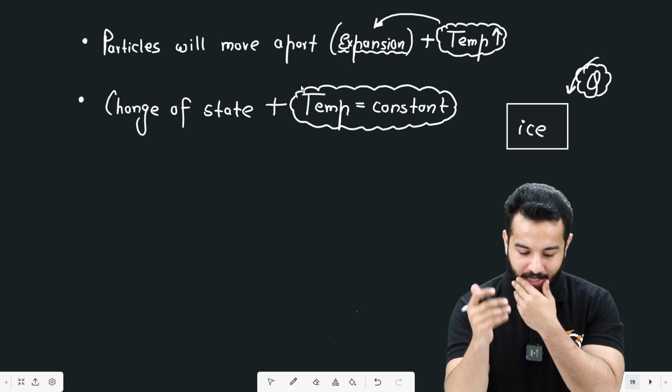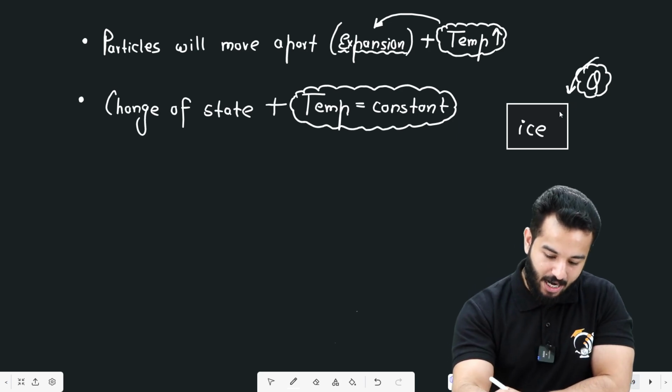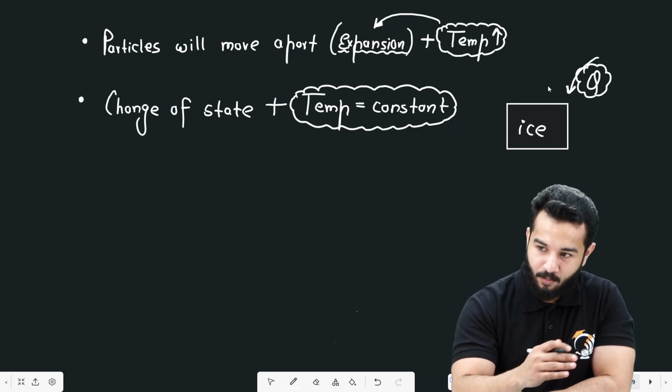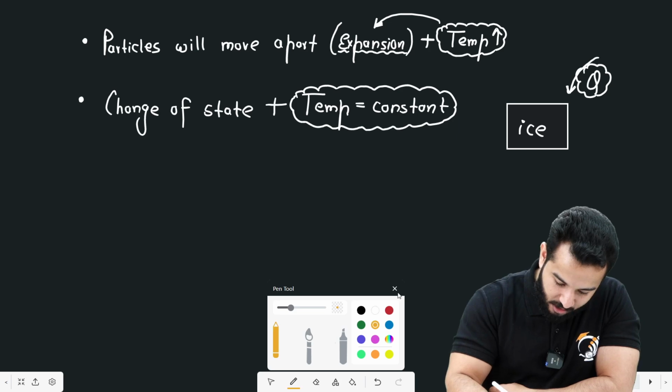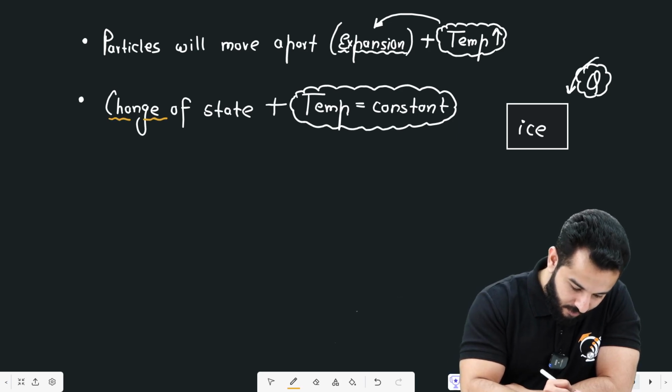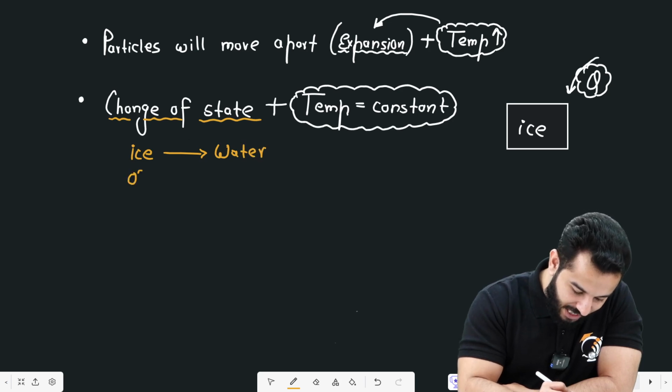Now what we are trying to say is that, let's suppose you have ice and you were giving energy to it, particles were moving apart, it was changing state. The change of state was from ice to water. At change of state, it is at 0°C.